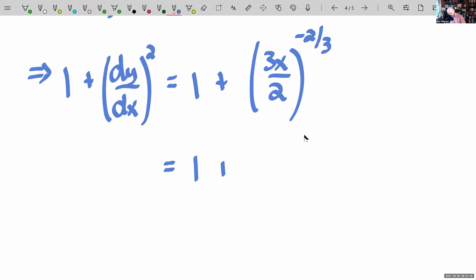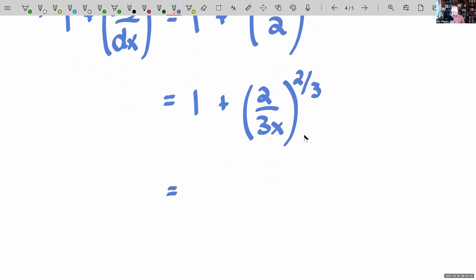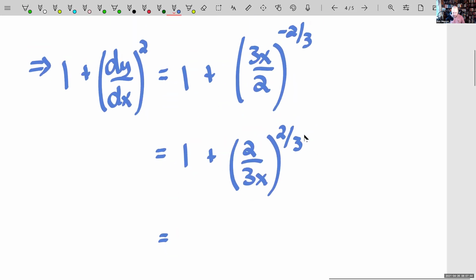To do that, I'm going to write it this way. This is 1 plus (2 over 3x) to the positive 2/3 power. So all I did was take the reciprocal and get rid of the negative exponent. And now, honestly, I think that this is just going to be a terrible, terrible problem.